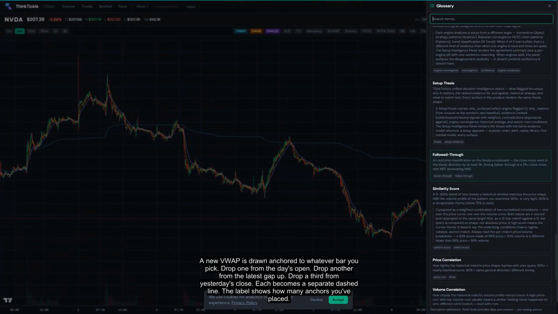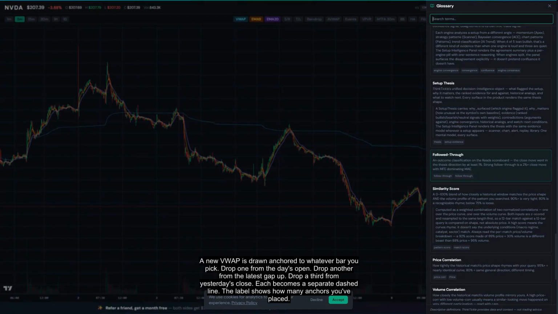A new VWAP is drawn anchored to whatever bar you pick. Drop one from the day's open. Drop another from the latest gap up. Drop a third from yesterday's close. Each becomes a separate dashed line. The label shows how many anchors you've placed.